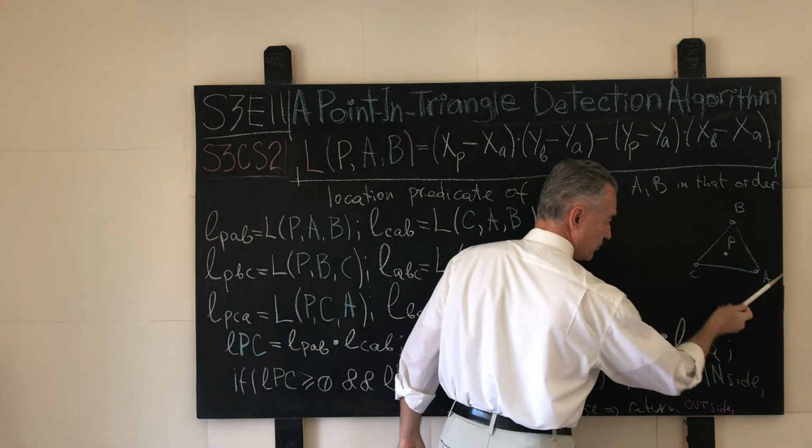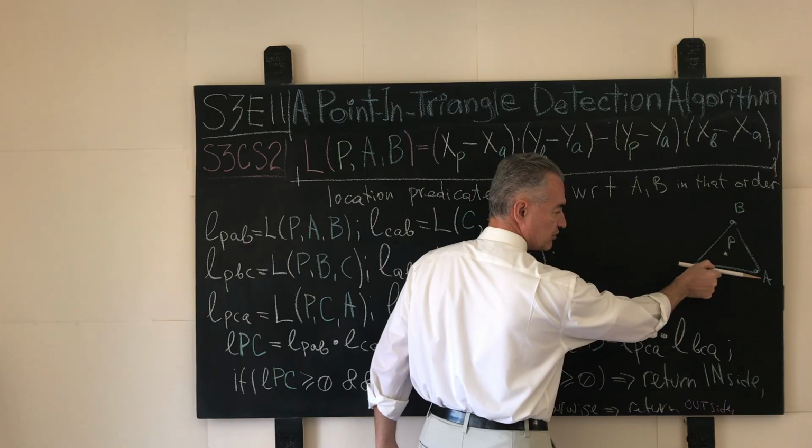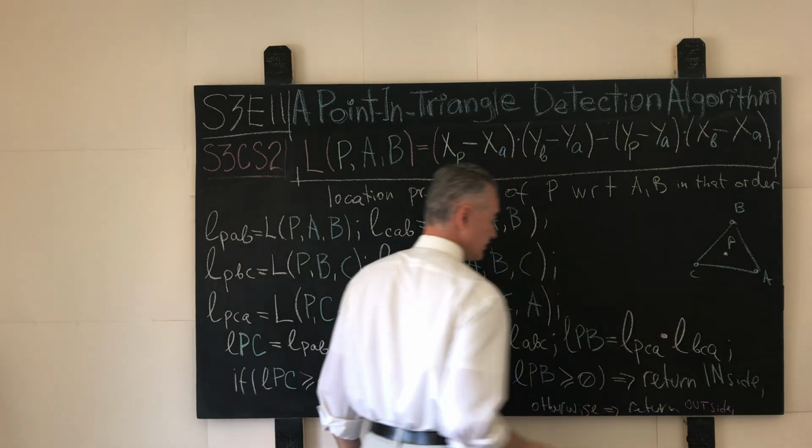Side CA. Once this side is fixed, how many points do we have left to play with? 2, P and B. We do the same thing.